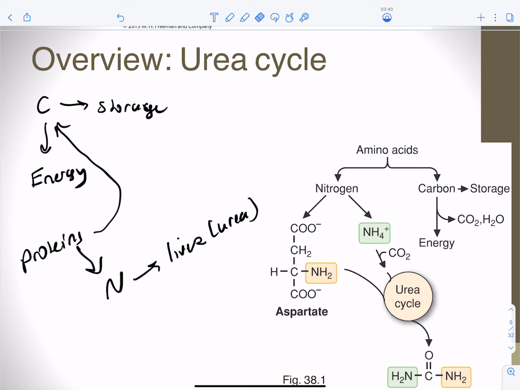Now, in the liver, you're going to be able to express both glutamine synthetase and glutaminase. However, this does not occur in the same hepatocyte. So you have different hepatocytes.